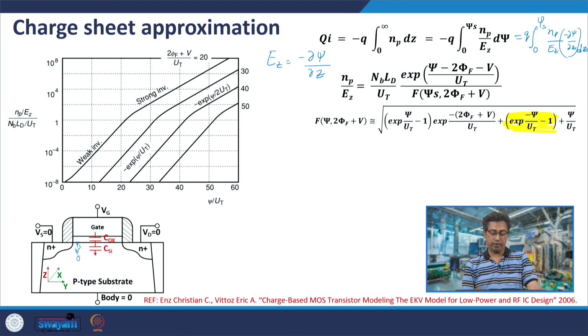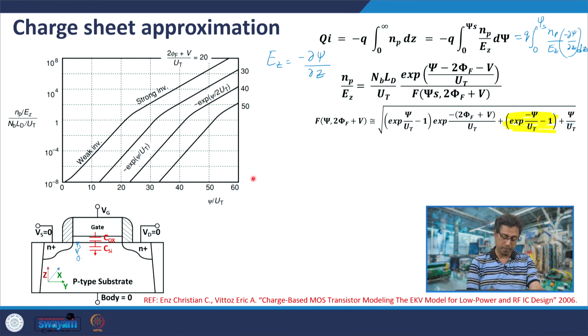If you are increasing the value of chi, the potential, from the neutral region as we go towards the interface, this term would exponentially increase and this term would linearly increase, isn't it? In the depletion regime, we know that this first term would be negligible compared to this.